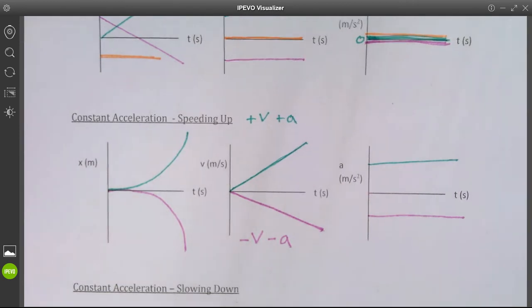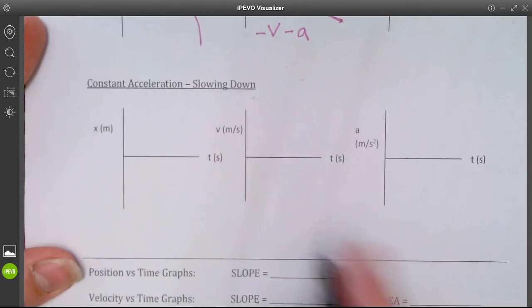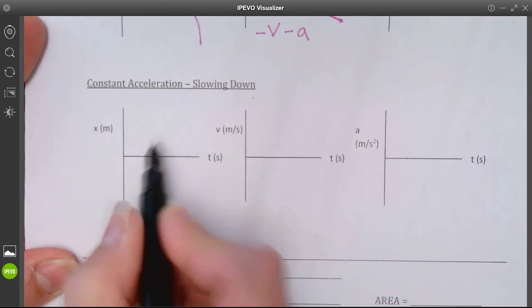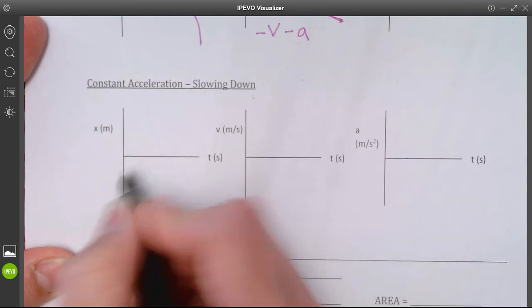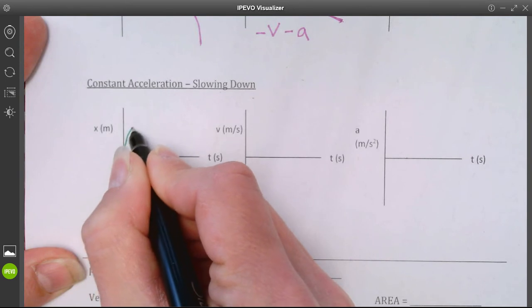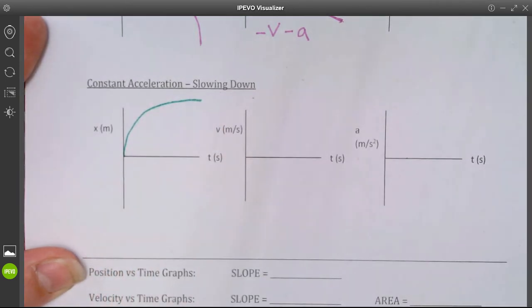Okay, so now let's take a look at constant acceleration graphs, and we are slowing down. So if we are slowing down, we're starting off steep and then getting more flat. So we're going to start off with a pretty steep graph that gradually slopes and flattens out.